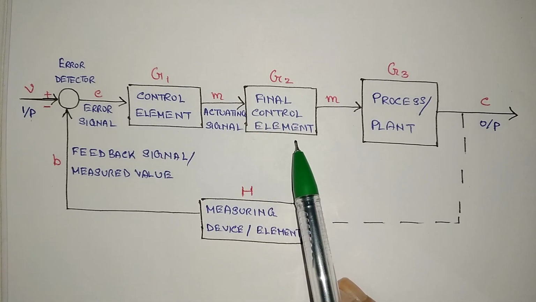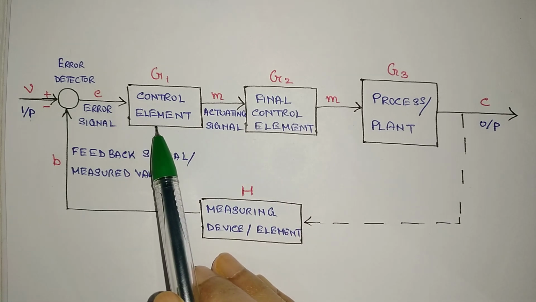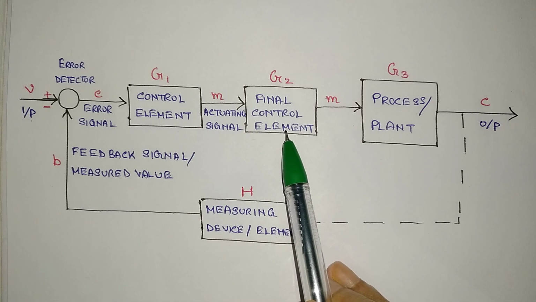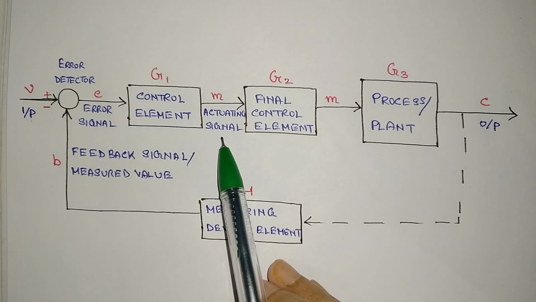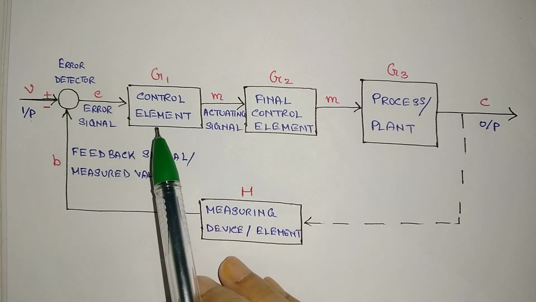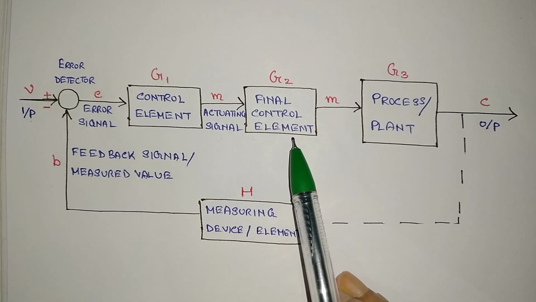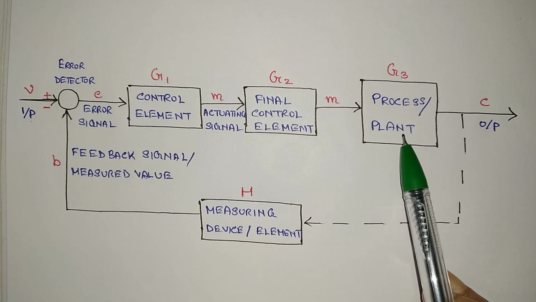Final control elements are nothing but our last valves that help in manipulating. The signal from the control element to the final control element is known as the actuating signal, that is sent to the final control element or to the process plant.